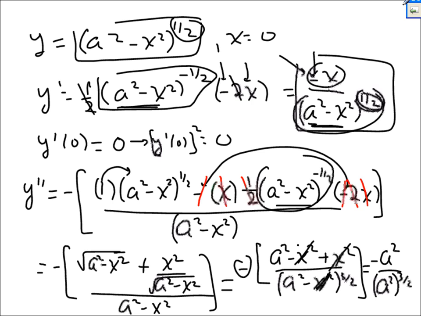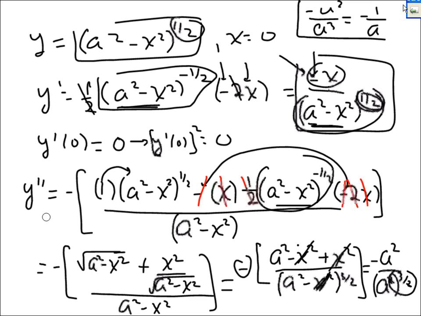So the numerator is a squared. The bottom, when you multiply these powers, which you're supposed to do, the 2's cancel out. So you get a cubed. So this is negative 1 over a. That is y double prime at 0.